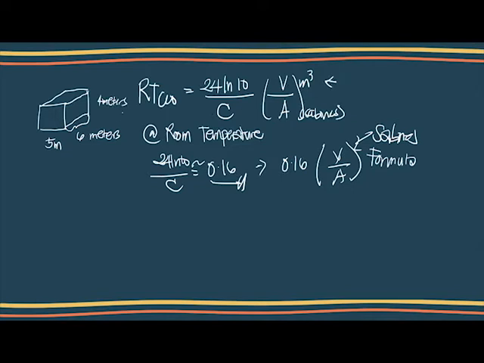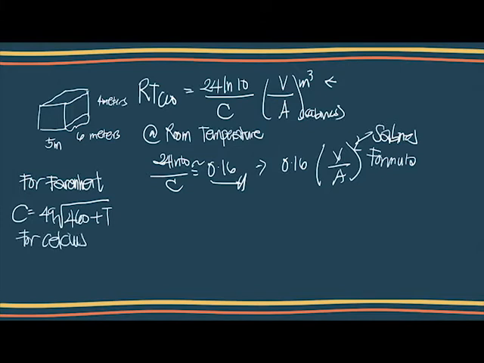The first thing we should do is find our volume. By the way, if we don't know the value of C at a certain temperature and the room is not at room temperature, we need to use two formulas for solving C. For Fahrenheit, the formula for C would be 49 square root of 460 plus T. I'm sorry if I'm speaking in English, some others prefer Tagalog and understand the lecture better in Tagalog. For Celsius, C is equal to 20 square root of 273 plus T, where 273 plus T is in Kelvin, and 460 plus T is in Rankine.